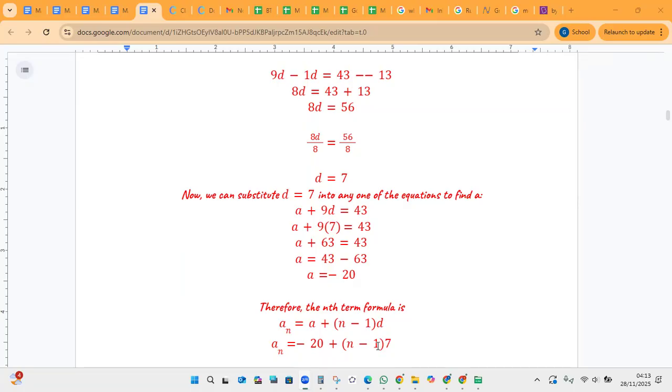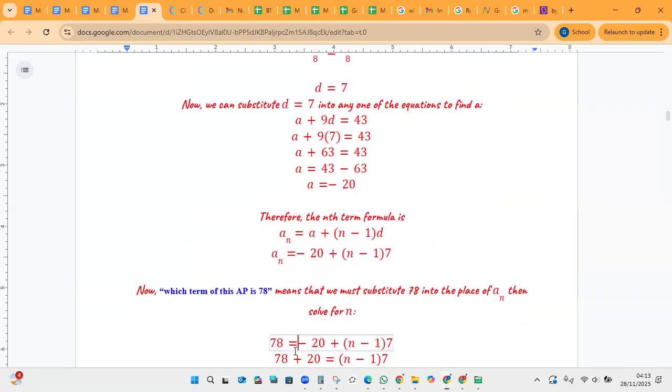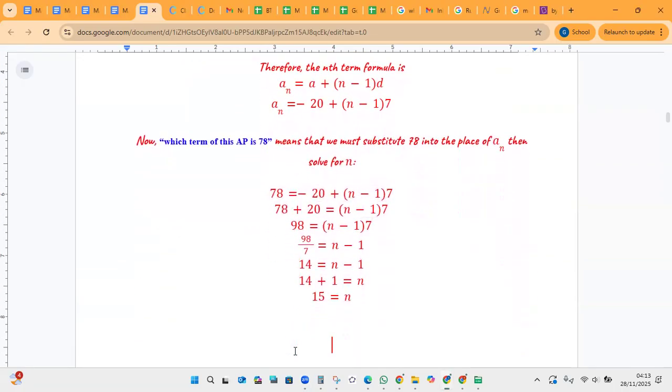A customized, particular AP, which is a sub n is equal to negative 20 plus n minus 1 times 7. So now we can use this equation to solve for n, because we know what a sub n is. a sub n is 78, and it says that right here.